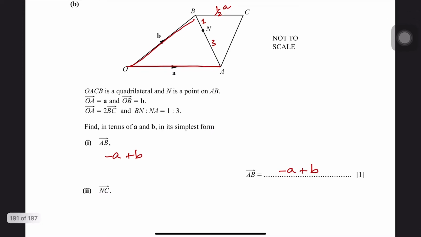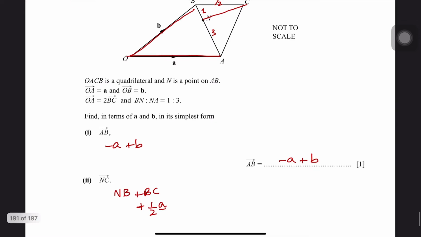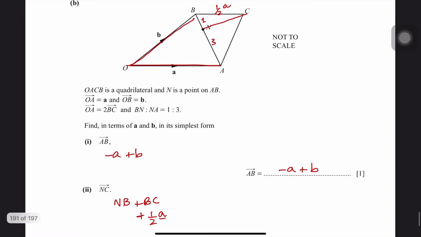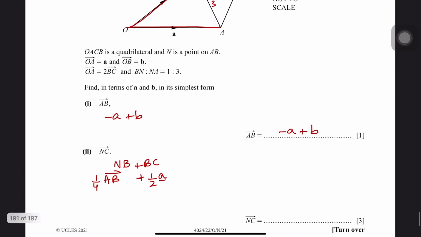NC: for NC I have to derive from N to B, and then from B to C. B to C is half a, that's clear. NB, now can I say that NB is 1/4 of AB? AB was divided into 4 portions, with NB having 1 portion.